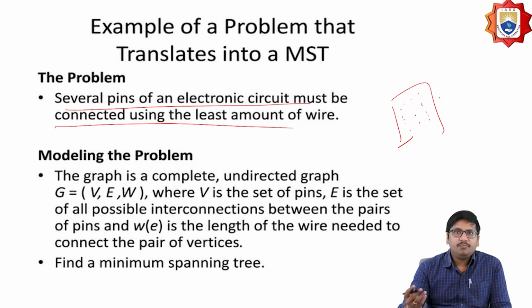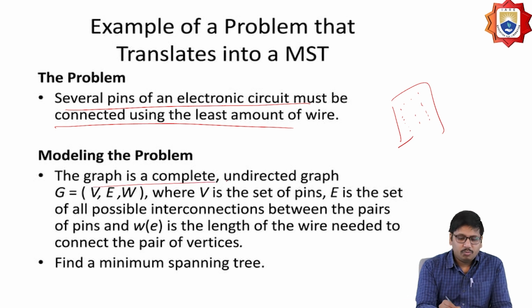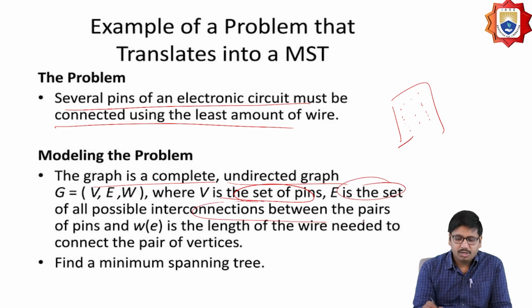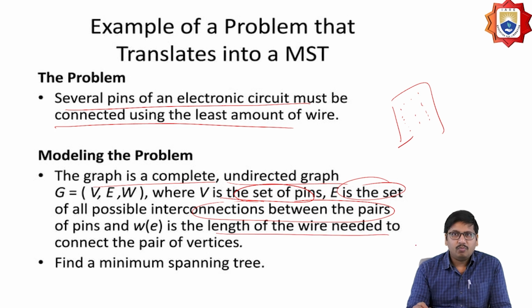What is the minimum amount of wire that is going to be required here? For modeling this problem, the graph is going to be a complete undirected graph, where V should be the set of pins, E should be the interconnections between the pins, and W should be the length of wire that is needed to connect a pair of vertices.